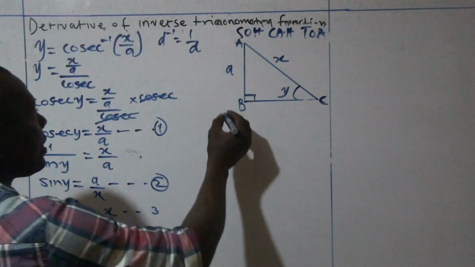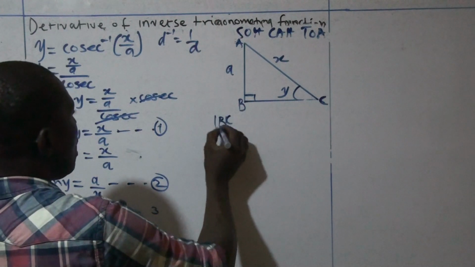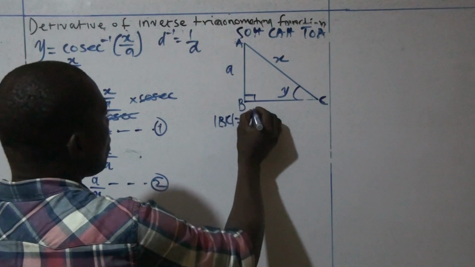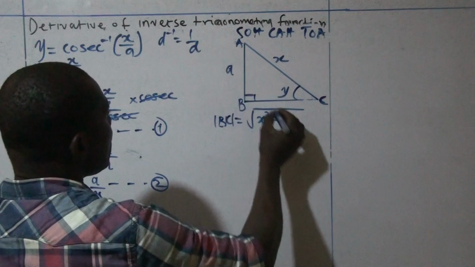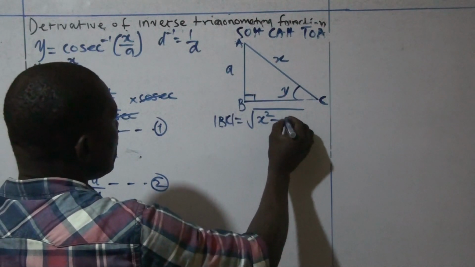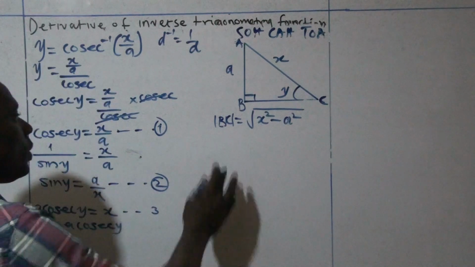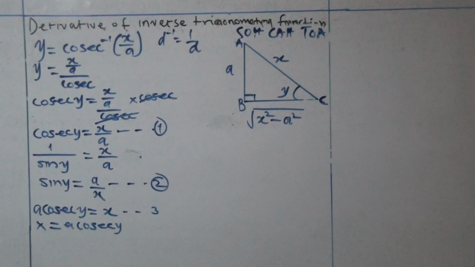If we do that, this line BC is the square root of the hypotenuse squared minus that of the opposite, which is a square. So that is BC.